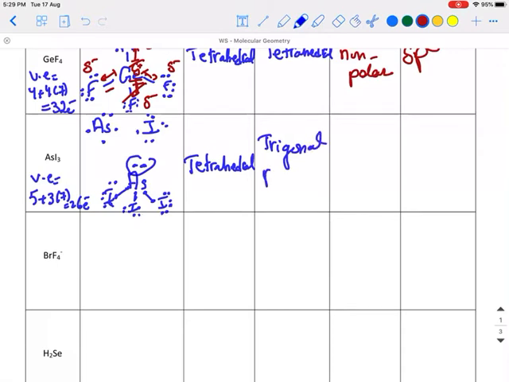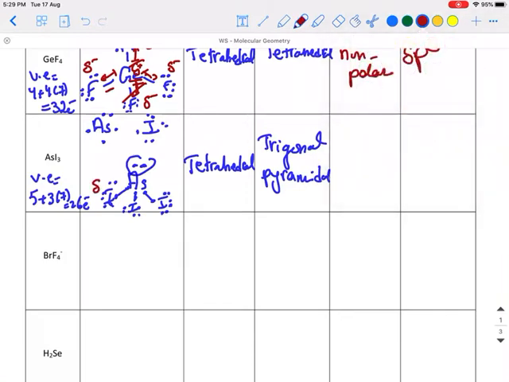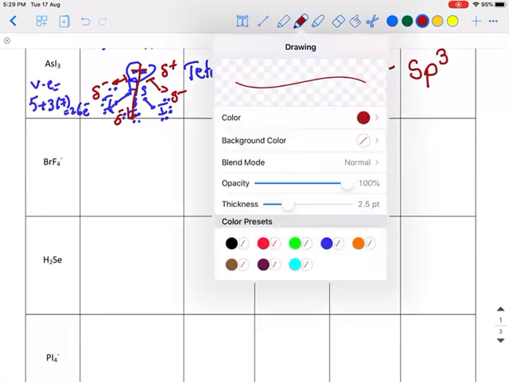So it will be trigonal pyramidal. Now polar or non-polar: we know that iodine is more electronegative than arsenic. If I draw the arrows, there is a net dipole moment, so it is polar. Since arsenic is surrounded by 4 electron clouds, the hybridization is sp3.